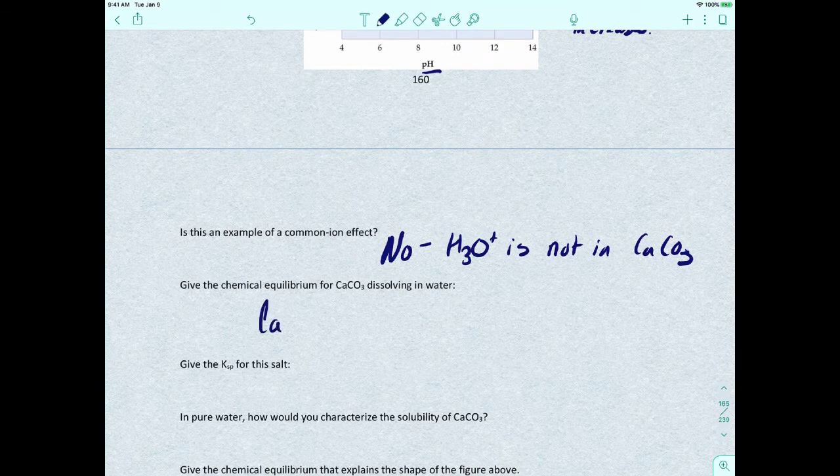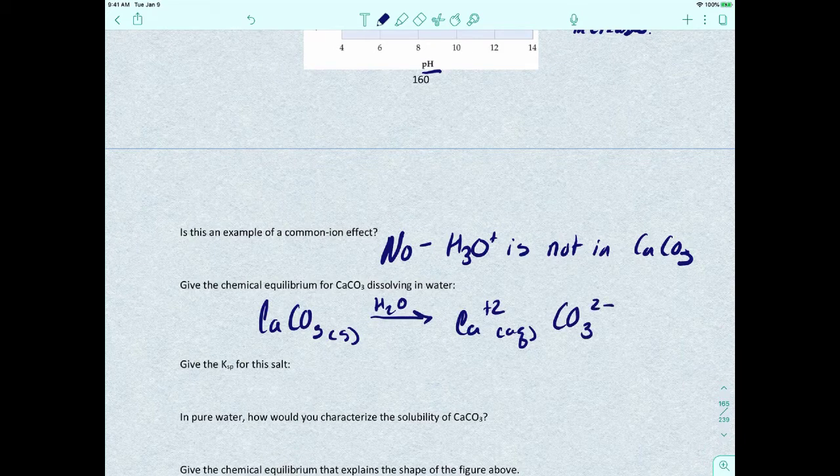So that would be this: calcium carbonate, which is a solid, dissolves in water and forms calcium 2 plus ions and carbonate ion. Now carbonate ion is a weak base that reacts with the hydronium ion, H3O plus.